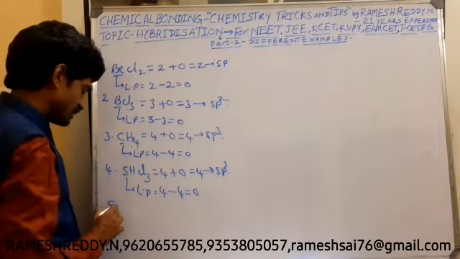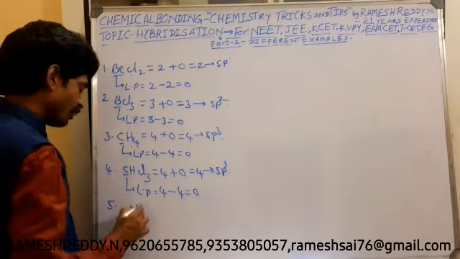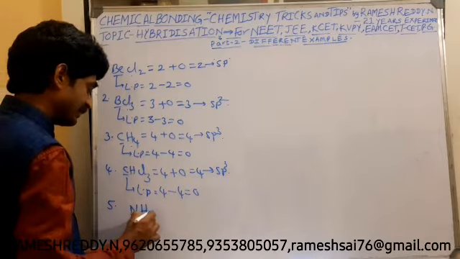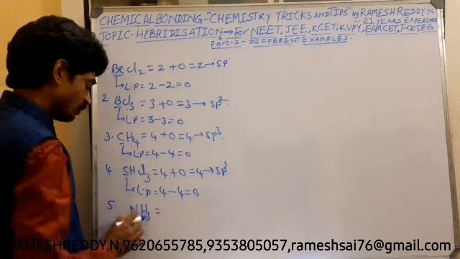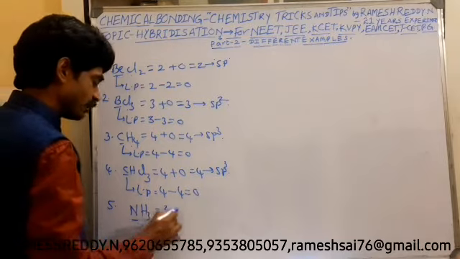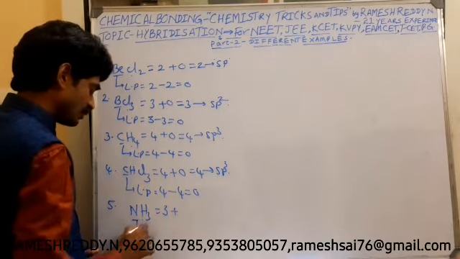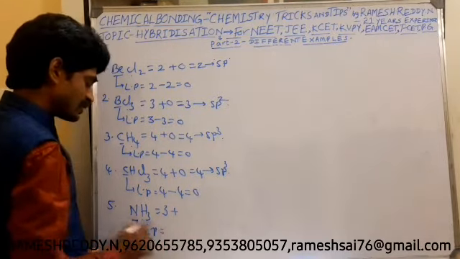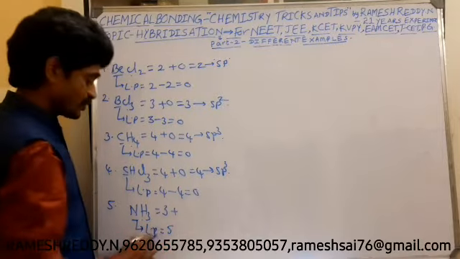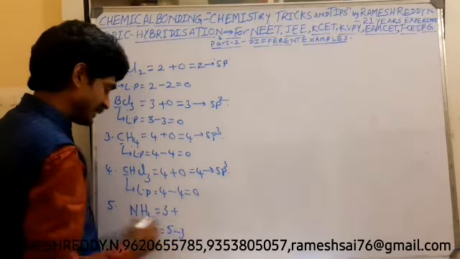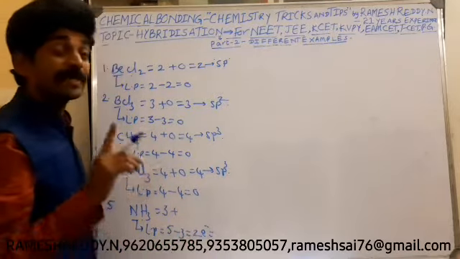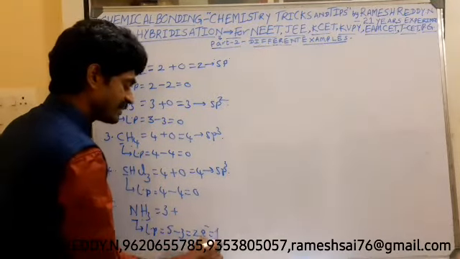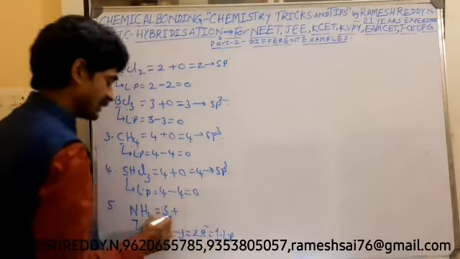Next molecule, take the ammonia molecule, NH3. Here the central atom is nitrogen. Okay, so bonded atoms, 3 hydrogens are bonded, and lone pairs on nitrogen. Nitrogen has valence electrons 5, my dear students, and bonded atoms 3. So 5 minus 3, 2 electrons. 2 electrons means how many pairs? 1 pair. There is 1 lone pair of electrons that you have to apply here.